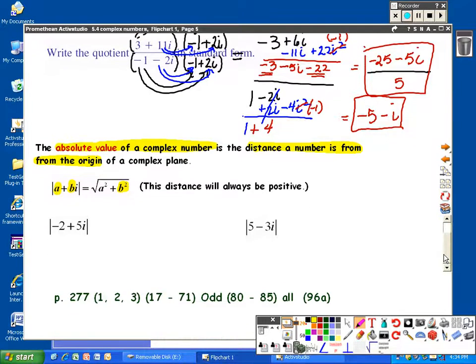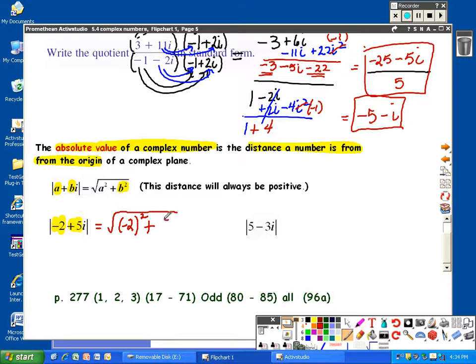So let's try this one. The absolute value of negative 2 plus 5i will equal the square root of the real part, a, is negative 2. So it would be negative 2 squared plus the imaginary coefficient, which is positive 5.